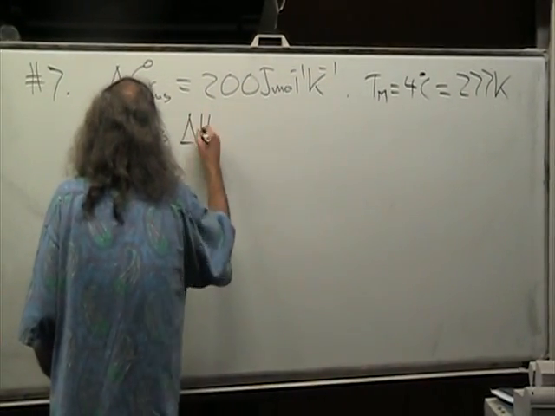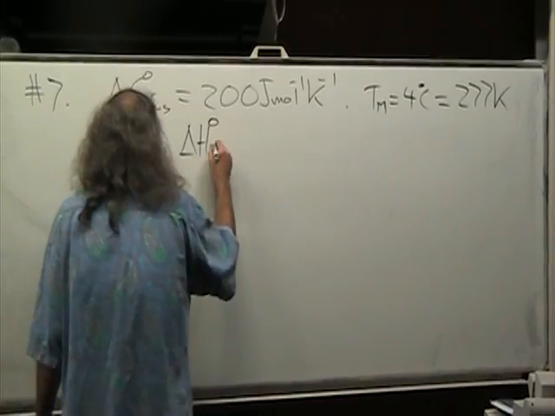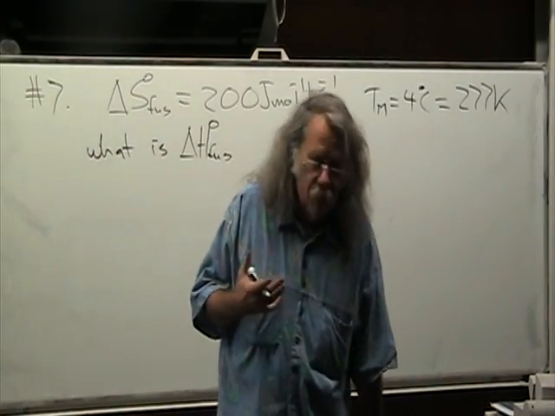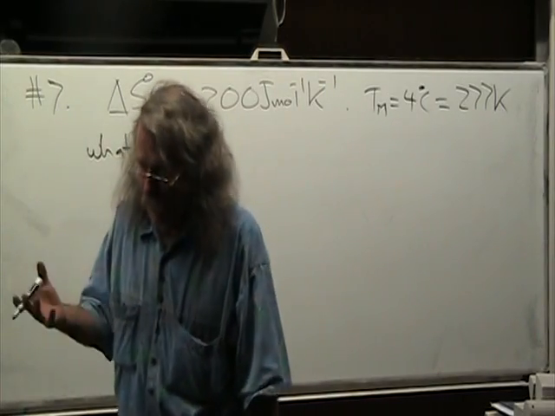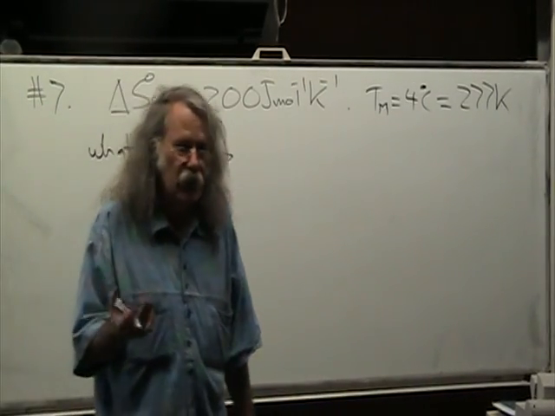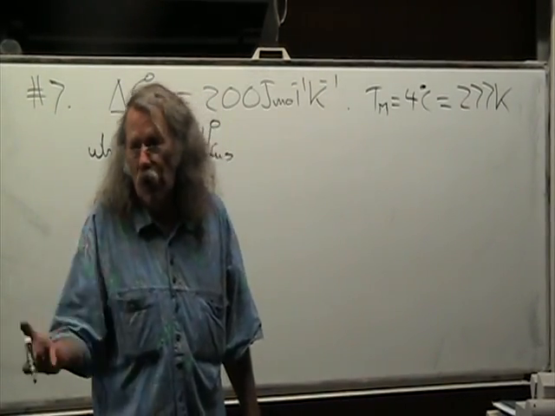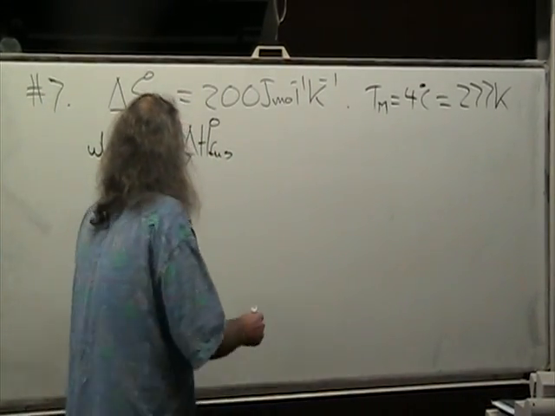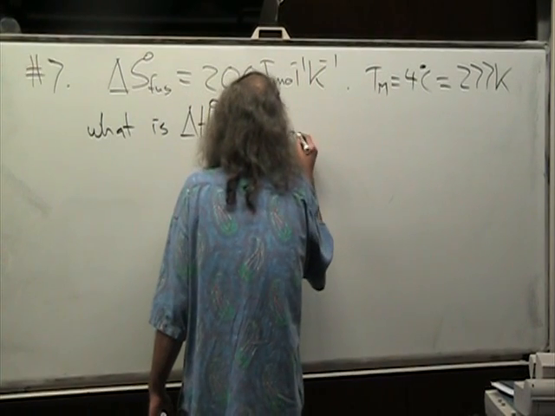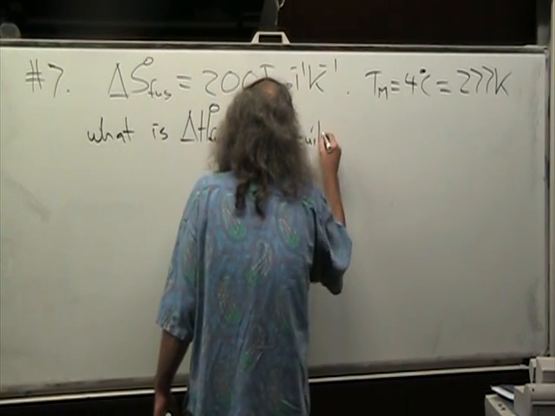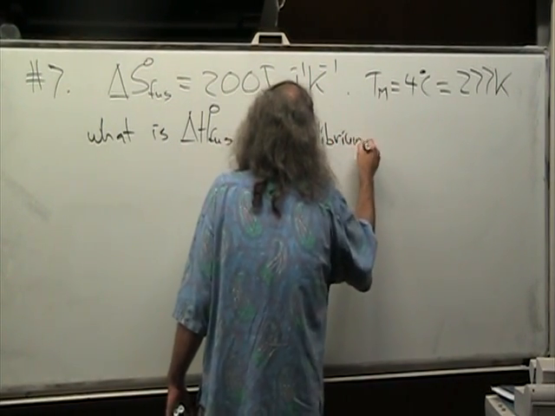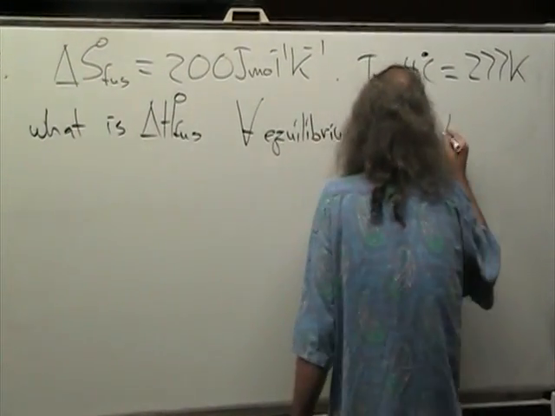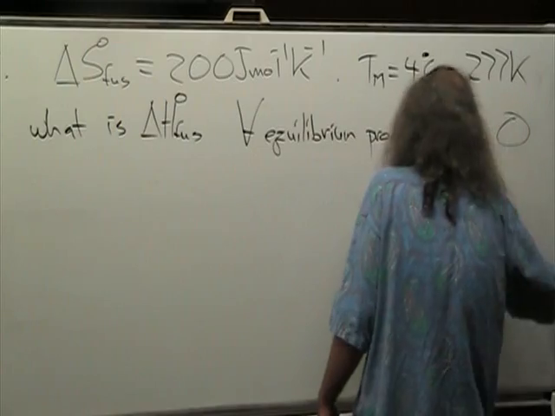Okay. And so what is the entropy, or the enthalpy, of fusion? Well, we're taking advantage of the fact that melting and boiling, or any phase transition, is an equilibrium process. Therefore, for every equilibrium process, delta G equals 0.